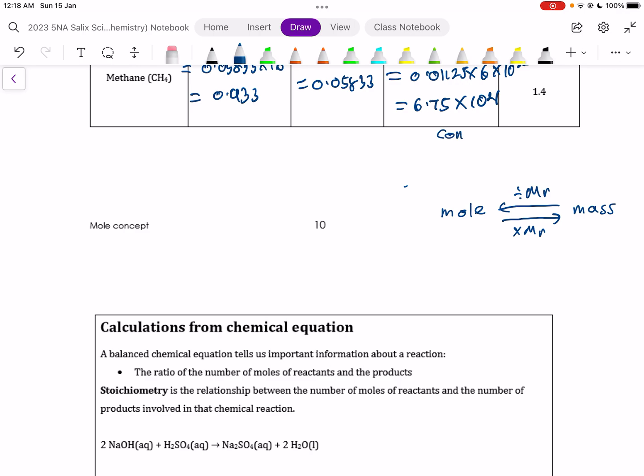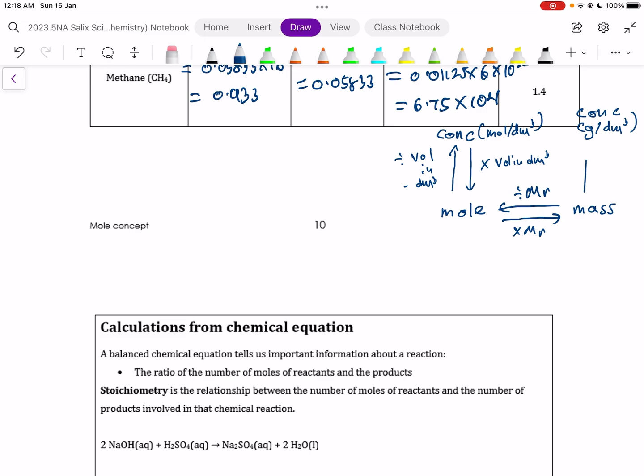Yeah, okay, so concentration in mole per dm cube. To get to mole, you must multiply by volume in dm cube. The other way around, you divide it by the volume in dm cube. Okay, so next thing, you have concentration in gram per dm cube.